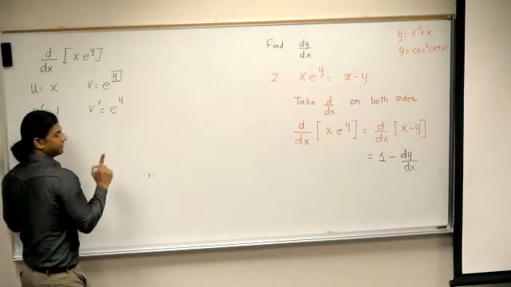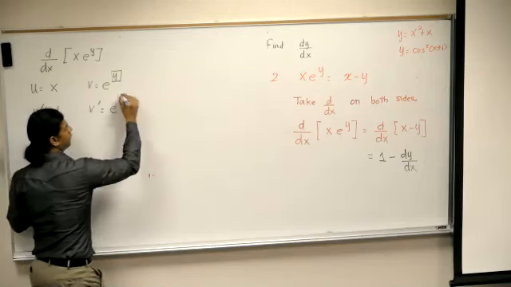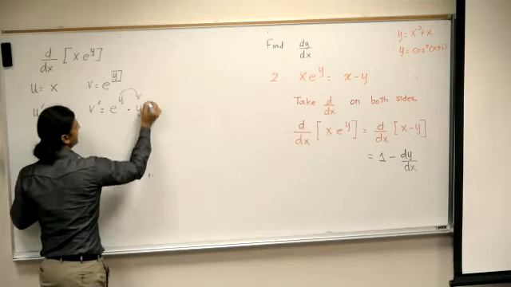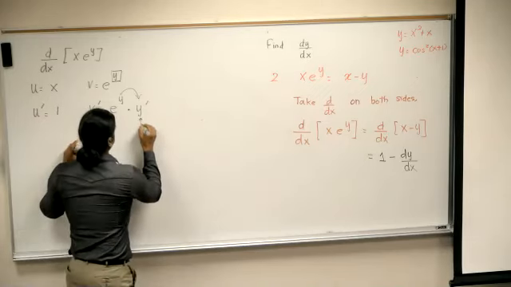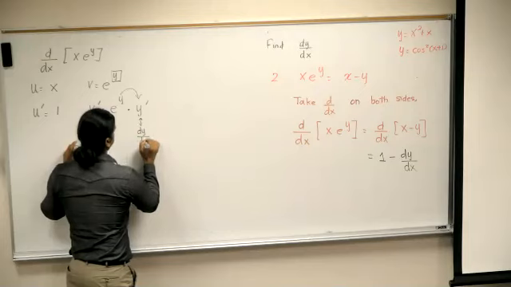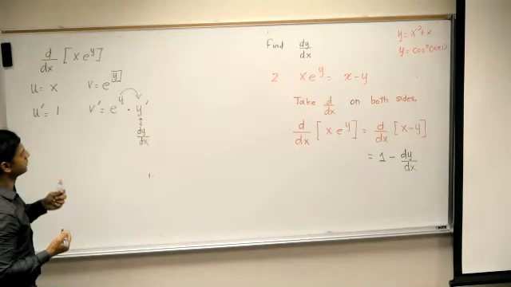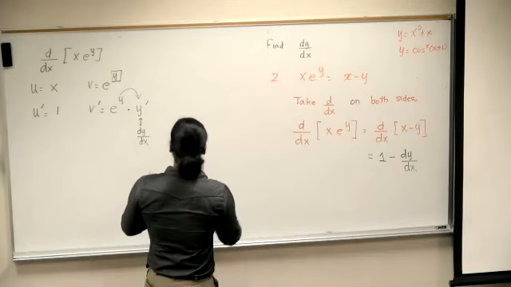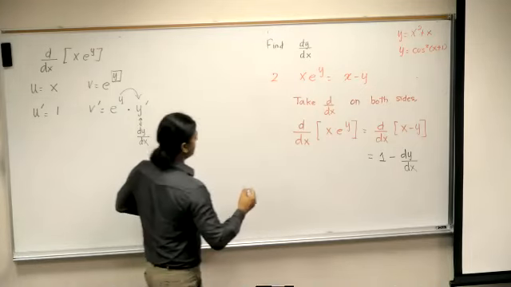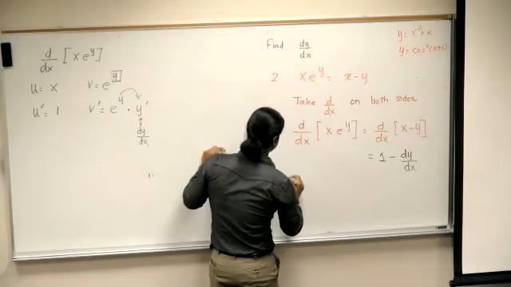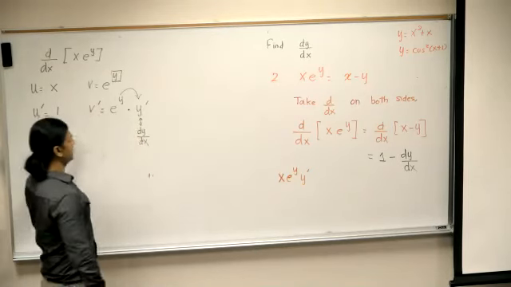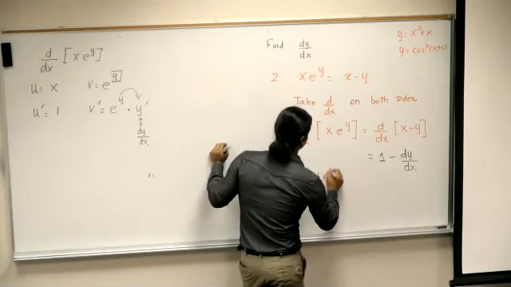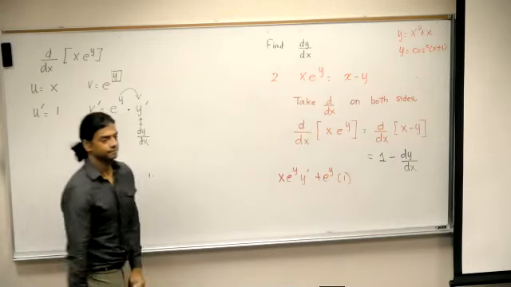But then I realized that this is a function of y, so I'm going to multiply by y prime, or dy over dx. Good. This is the same as dy over dx. It's easier to write it as y prime. So going back here, u v prime is x multiplied by e raised y times y prime, plus v u prime, e raised y times 1.